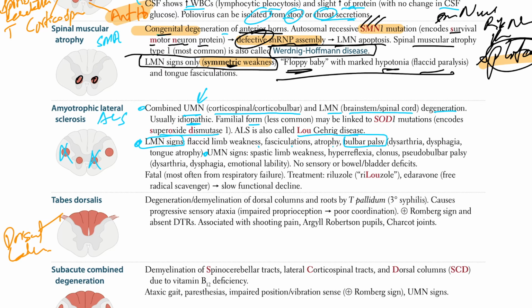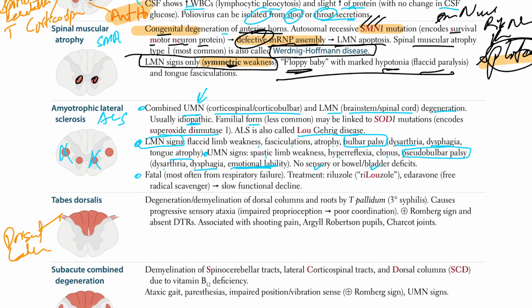Upper motor neuron signs are spastic limb weakness, hyperreflexia, clonus, pseudobulbar palsy. That is, again, dysarthria, dysphagia, emotional lability instead of tongue atrophy. No sensory or bowel bladder deficits.